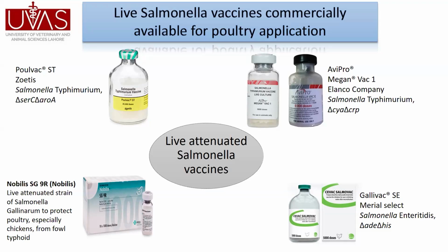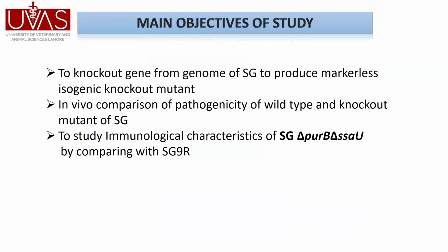But other than that, there is no Salmonella Gallinarum vaccine, and mostly Salmonella Typhimurium and Enteritidis vaccines are available, which are gene-deleted vaccines. So our idea was to create some potent gene deletions, which should be novel gene deletions, so we can get a patent out of it, and we can make a vaccine from our local pathogen. There were three objectives we have covered in this study.